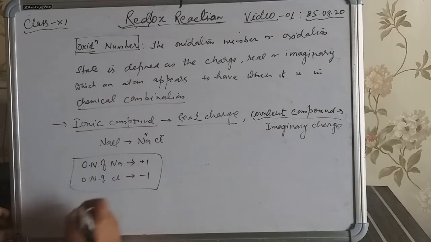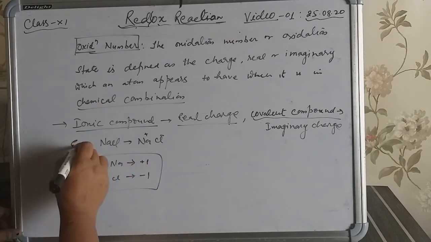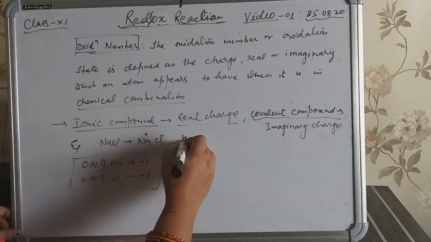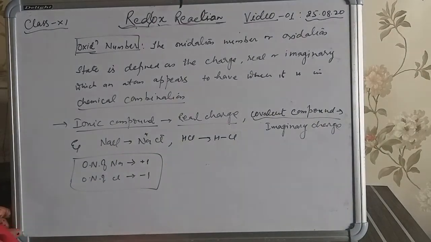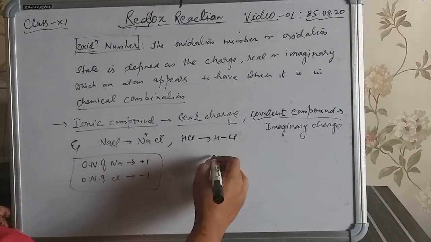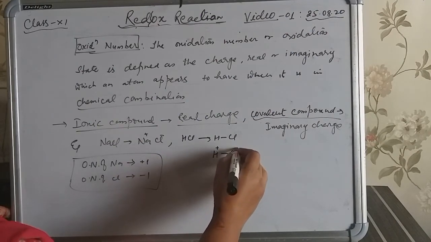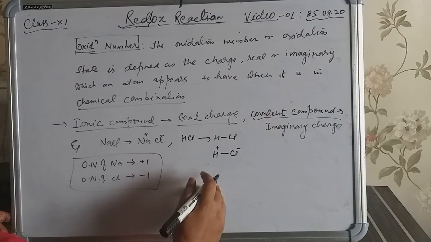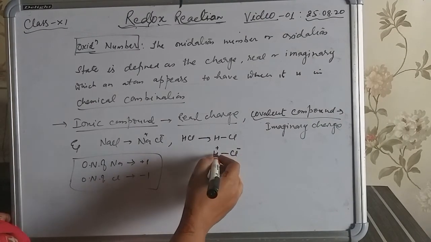Next example, we take hydrogen chloride, HCl. Hydrogen is less electronegative than chlorine, so hydrogen acquires a positive charge and chlorine acquires a negative charge. Hydrogen has lost one electron and chlorine has gained one electron.